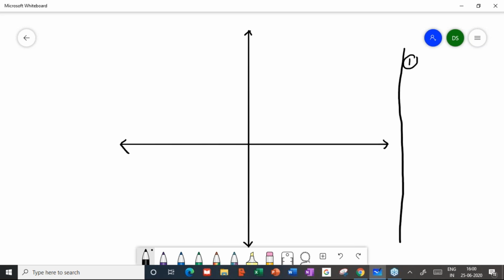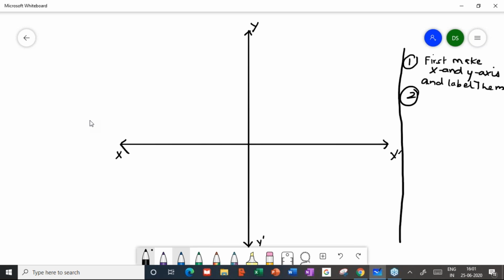So first make x and y axis, right, like I did. Then label it. You can label it as y dash, x, x dash, or just x y, anything, and label them. What is the next thing you're going to do?